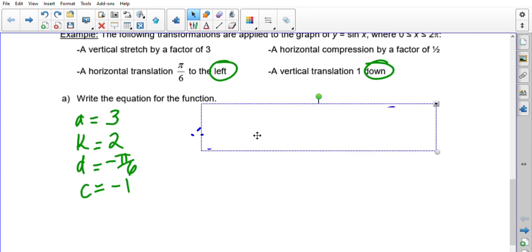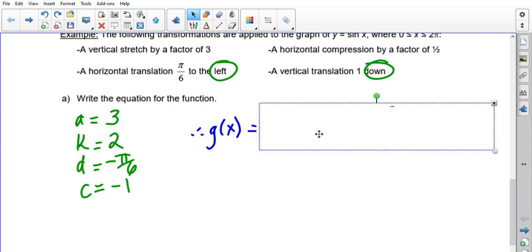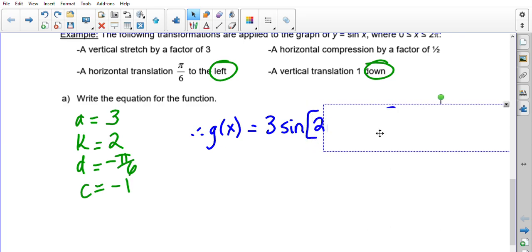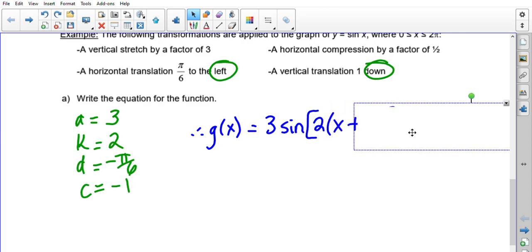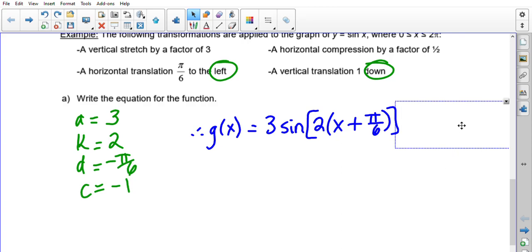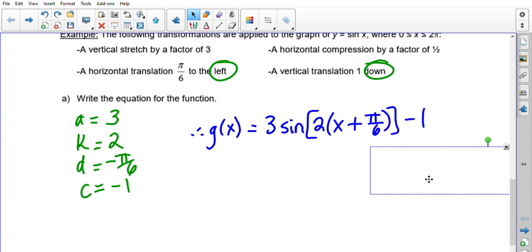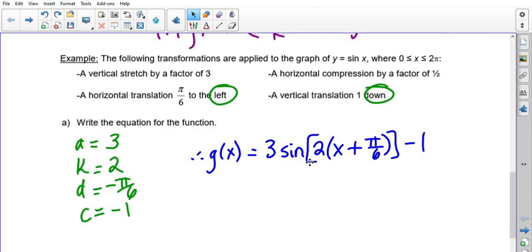So that means our transformed equation is going to be g of x equals 3 sine, and then you're going to have to do a square bracket, your k value, circle bracket, x plus, right, because it's originally a negative, so a negative and a negative makes a positive, pi over 6, close the bracket twice, and -1 on the outside. And that's your transformed equation.